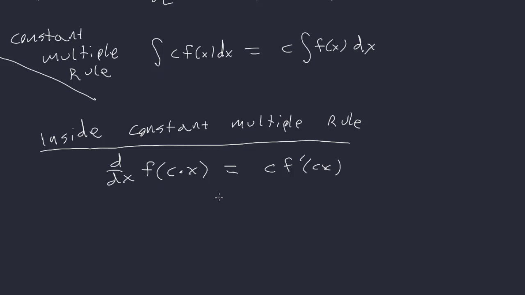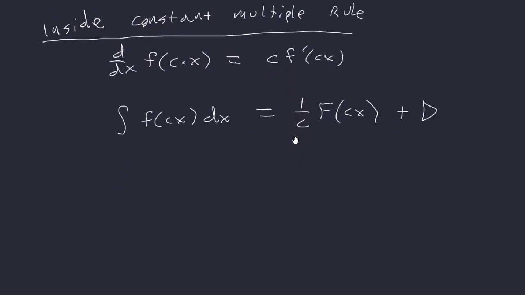If you are instead integrating with a constant on the inside, so you have f of cx dx, instead of multiplying by the c, you'll be dividing by the c, and it will be times the antiderivative of cx, plus, I probably should have used a different letter there, the arbitrary constant, I'll use d here. So the inside constant multiple rule: you multiply by that constant on the outside for derivatives, so you'll be dividing by it for integrals.